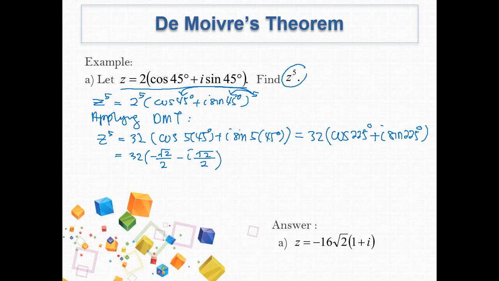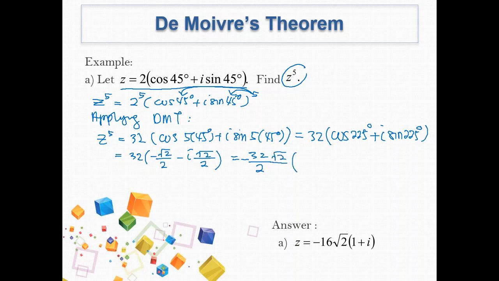So that will simplify to 32 divided by 2. Sorry, I said 2 but I wrote 6. Excuse me. Divided by 2. And we also factor the negative out, and we factor the square root of 2 out.